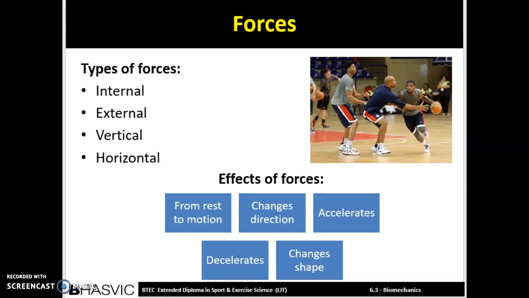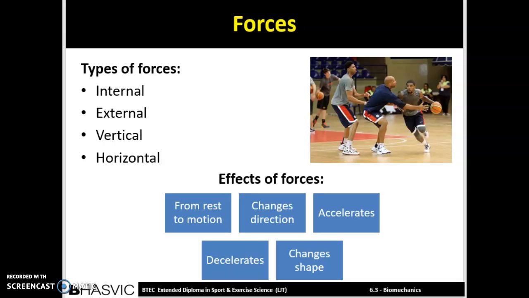First, looking at forces, there are four main different types of forces. You have internal, external, vertical, and horizontal. Internal forces are generated from the muscles in the body, and then this is transferred into external forces from the contraction of muscles.